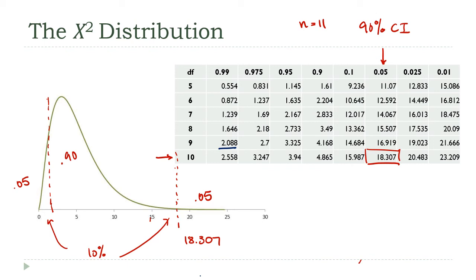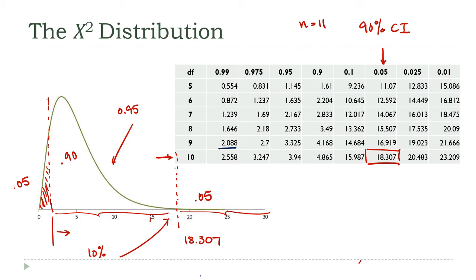Now, to find the lower value, we have to remember to phrase our question in terms of the area to the right of this point. Well, if there's 0.05 to the left, that means there must be 0.95 to the right, and that's consistent, right? I know that this piece here is 0.9, and this piece here is 0.05, so together, they make up 0.95.